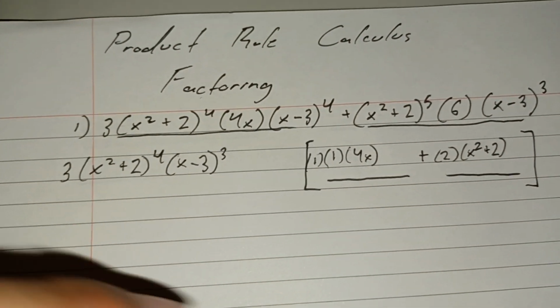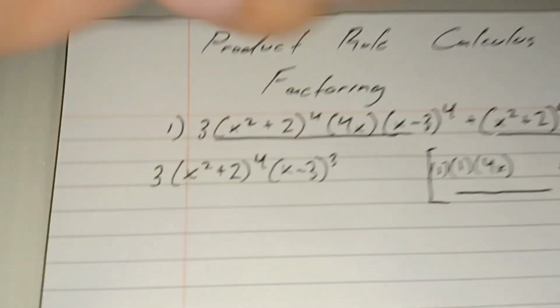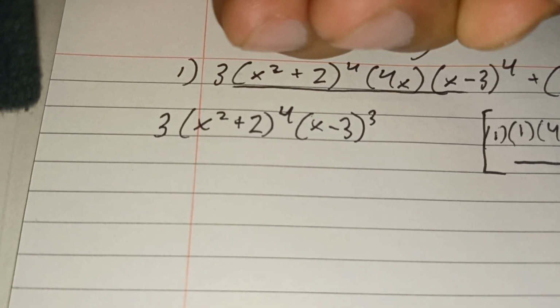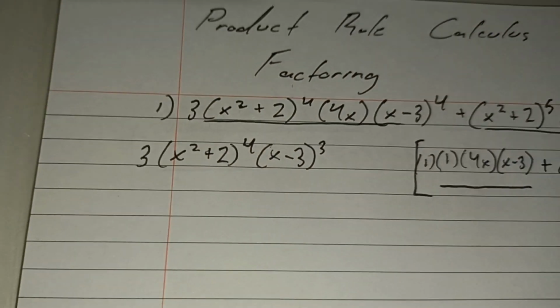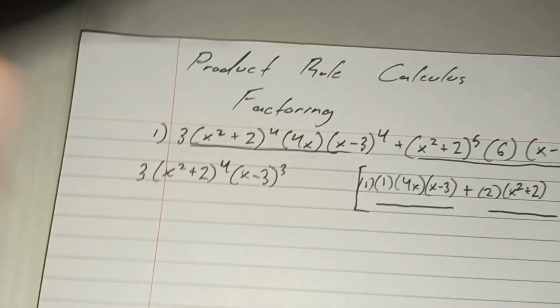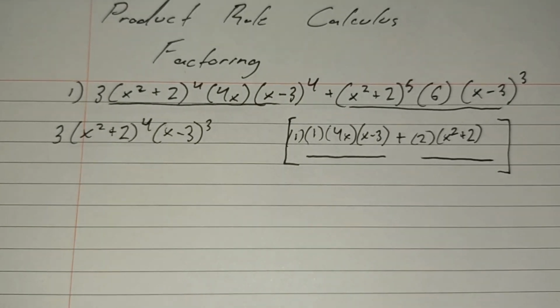When we take out (x minus 3) to the 3rd power, that's only going to leave us x minus 3 to the 1st power, because (x minus 3) to the 3rd times x minus 3 is going to give us (x minus 3) to the 4th power.